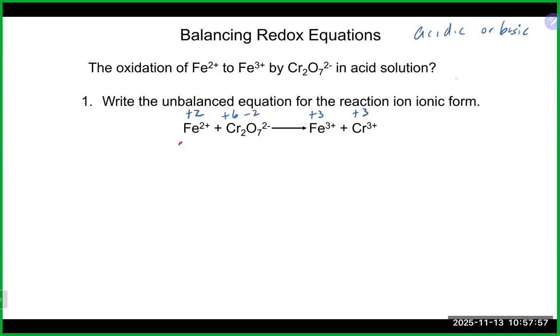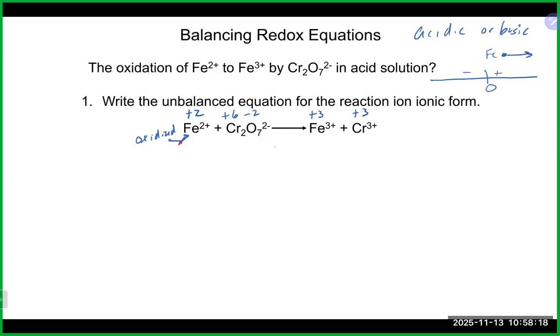So again, if we look at the iron to start with here, the iron is starting at +2 on the left-hand side, and it is ending at +3 on the right-hand side. It is becoming more positive. That means my iron here is being oxidized.